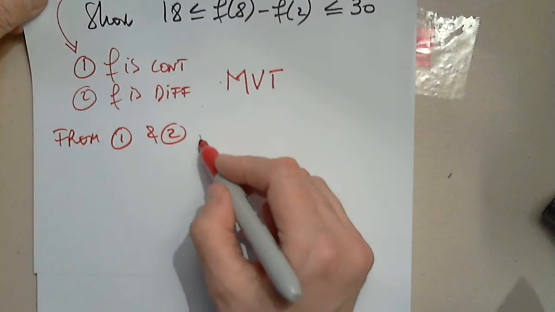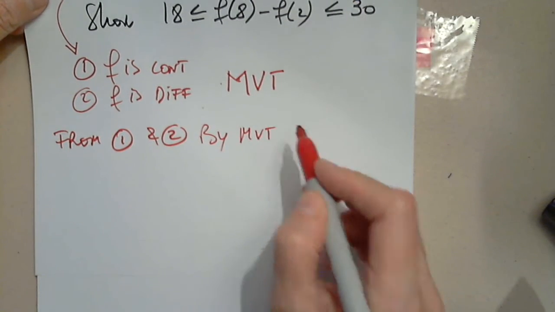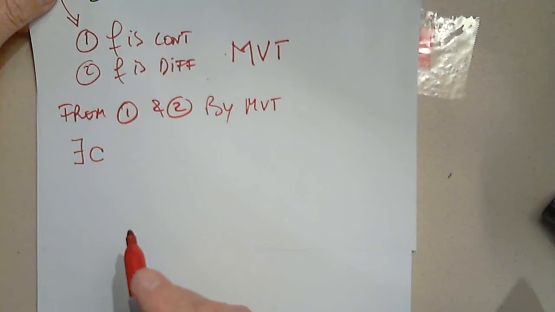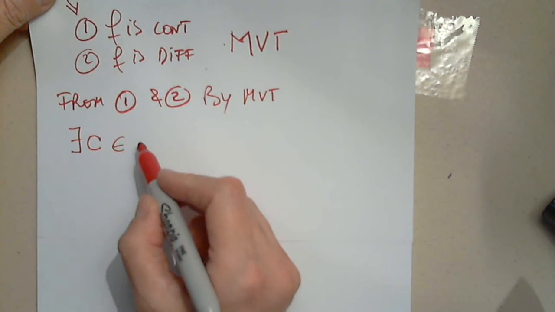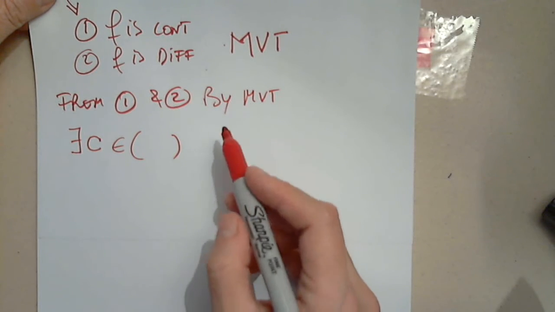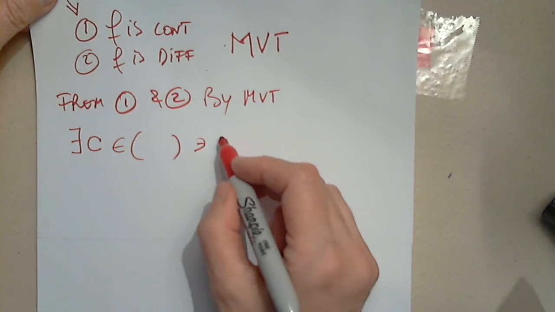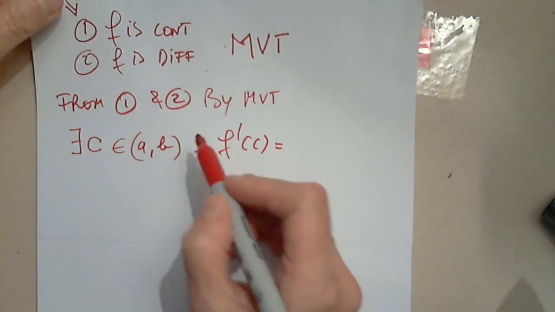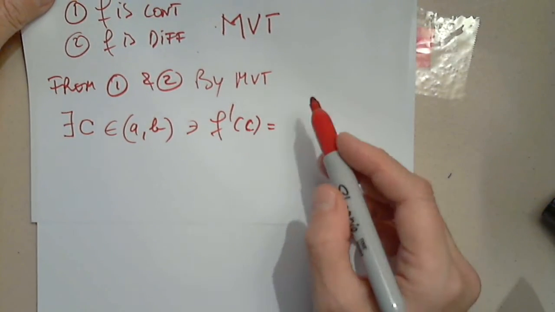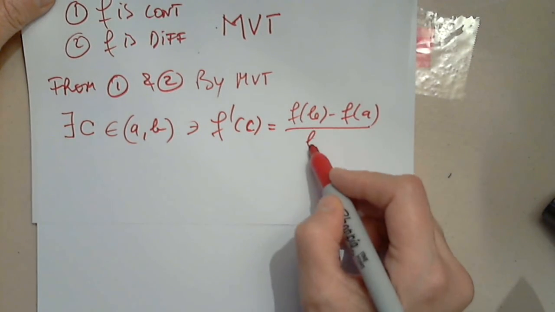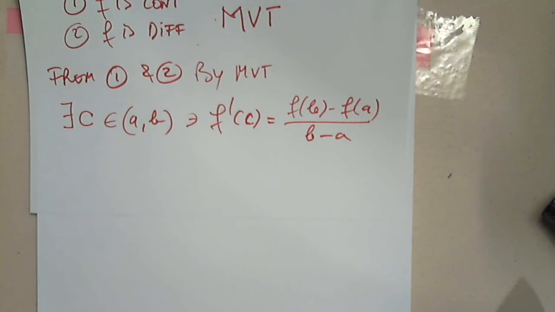Mean value theorem. So from 1 and 2, by MVT, I will always find at least one C in the open interval (a, b), and we'll decide the interval in a moment, such that f prime of C equals f of b minus f of a over b minus a.